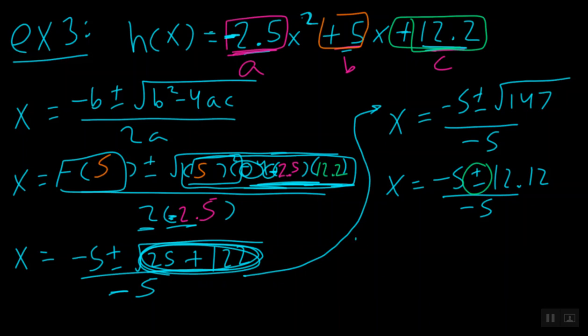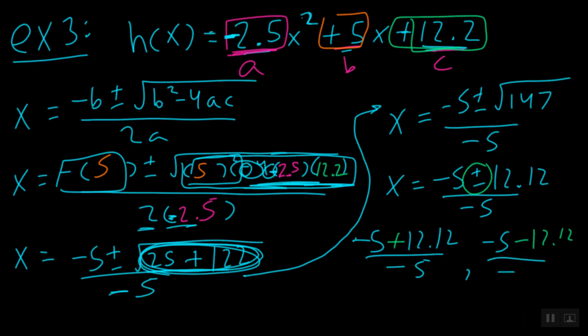Plus or minus tells us we have two things here. We have negative 5 plus 12.12 over negative 5, comma, and our second solution is going to be negative 5 minus 12.12 over negative 5.